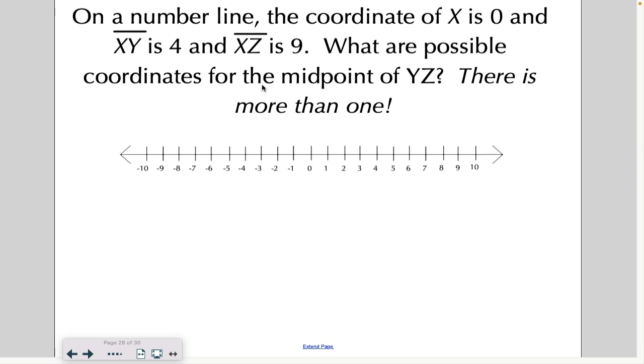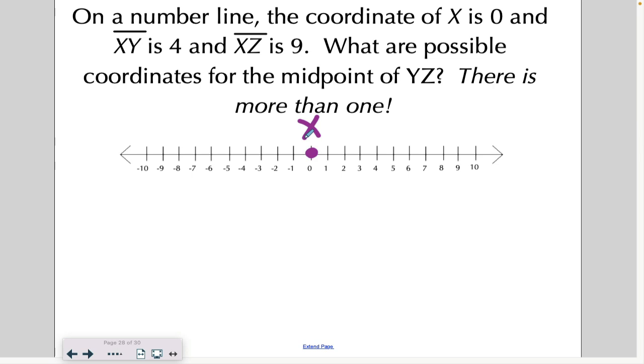Yes, there is more than one answer, and I want you to try and find all of them. Try to find all the combinations.